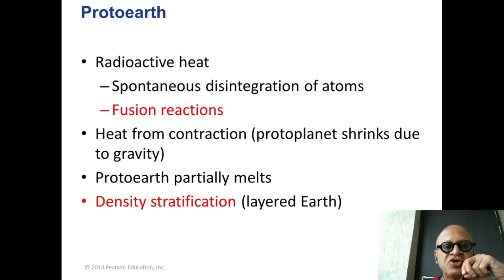So there is radioactive heat involved to make this density gradient. There is spontaneous disintegration of atoms, and fusion reactions happen at very, very high temperature. So the heat from the contraction itself, when the protoplanet is shrinking because of the gravity, partially melts the protoplanet.